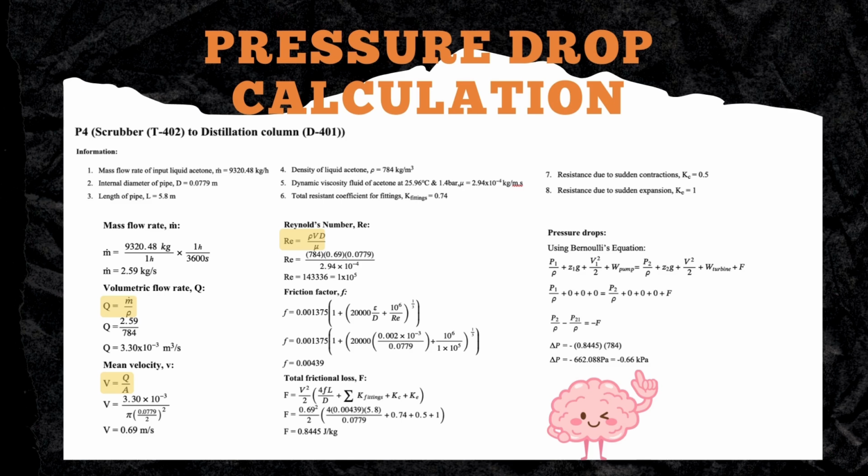Based on our calculation, we need to find the friction factor using an equation for turbulent flow. With the friction factor, we determine the total frictional loss considering the pipe length, fittings, and sudden changes in flow direction. Finally, we use Bernoulli's equation to calculate the pressure drop, which tells us how much energy is lost due to friction and resistance in the system.